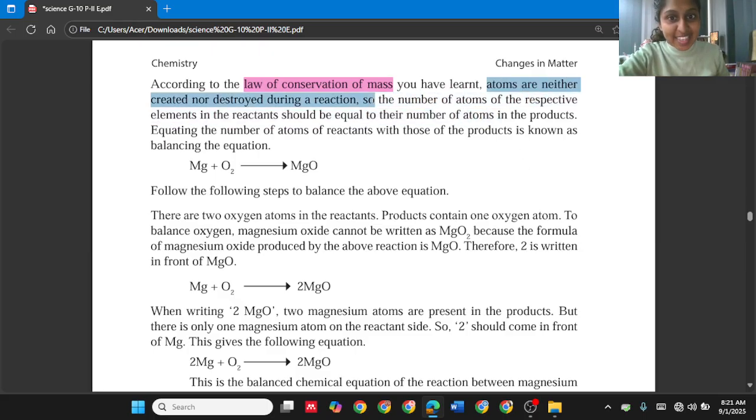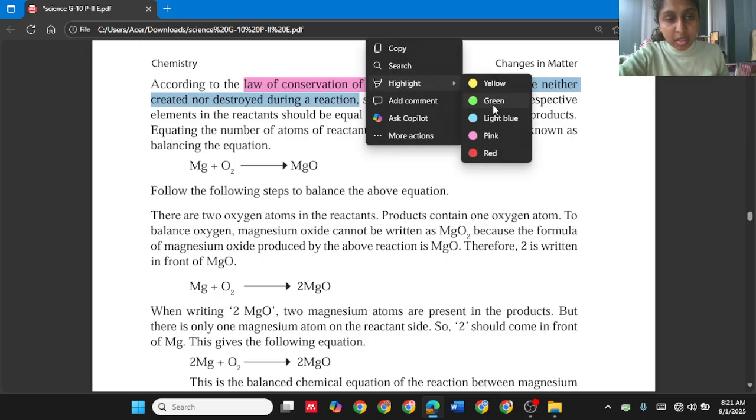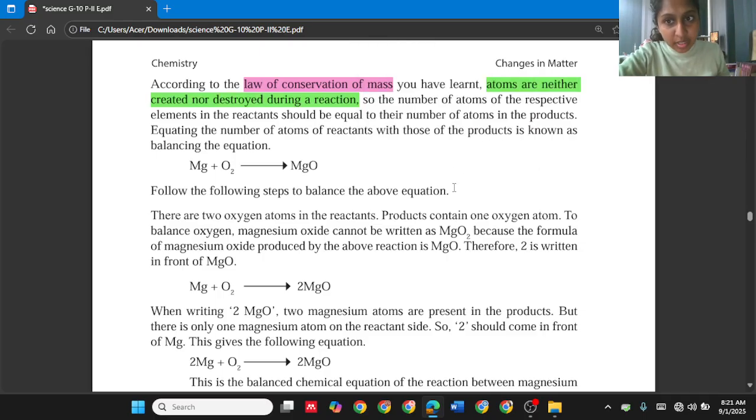So the number of atoms of the respective elements in the reactants should be equal to the number of atoms in the product. So on this side, you have to count the number of atoms, and on the product side also. It should be the same, because according to the law of conservation. What is the law of conservation? Atoms are neither created nor destroyed during a reaction.